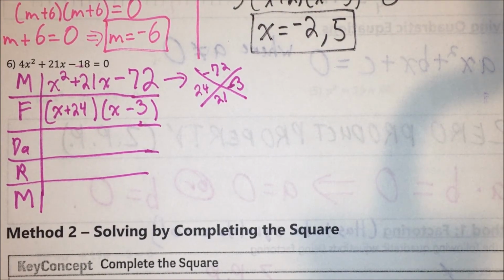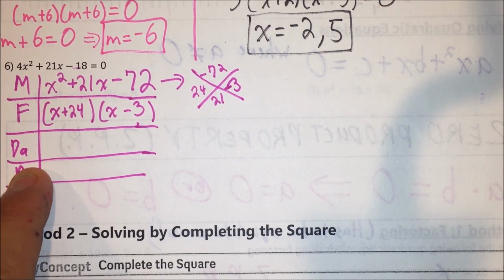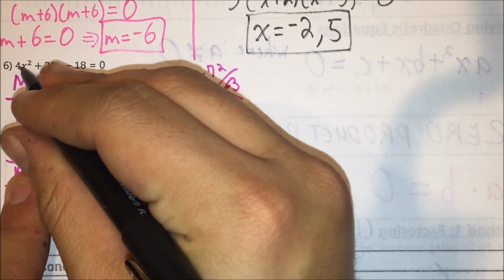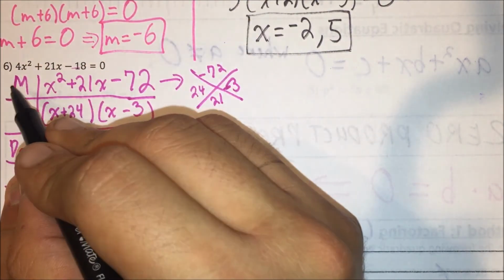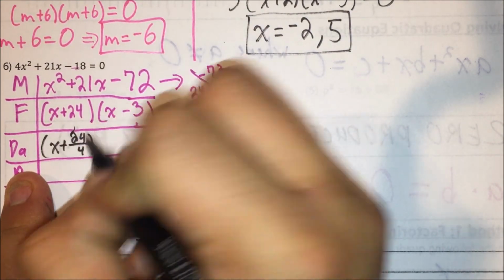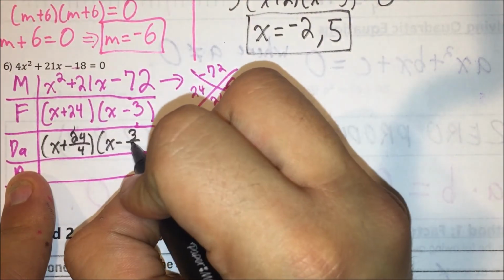Okay, so now what we'll do is d, a, divide by a, drives a. So we take that number, 24, and we're going to divide it by the a that was in the original equation. So we say 24 divided by 4. And then we also say 3 divided by 4.